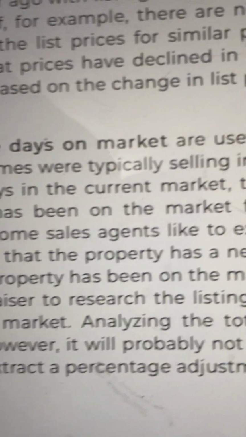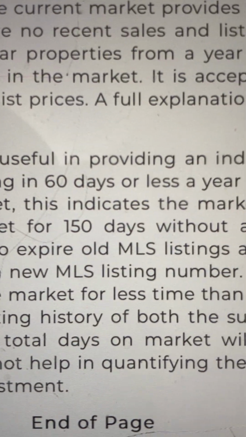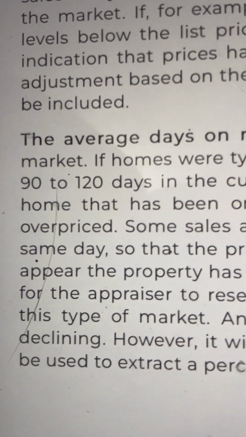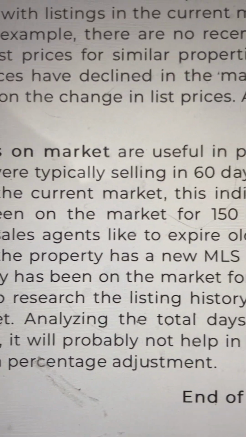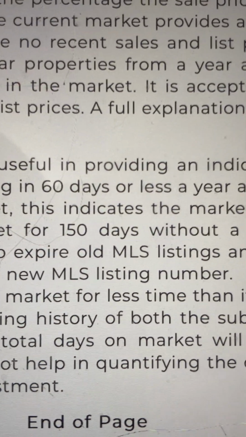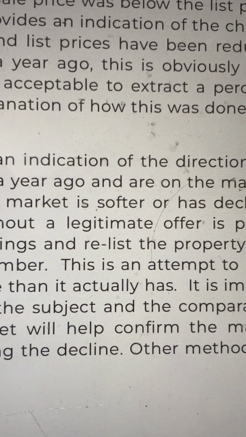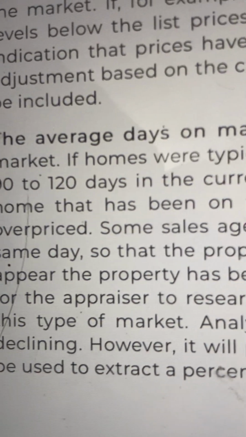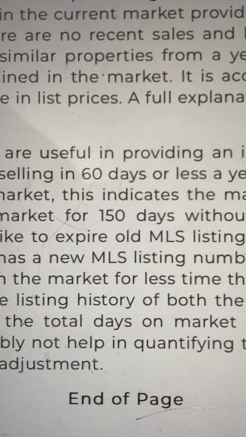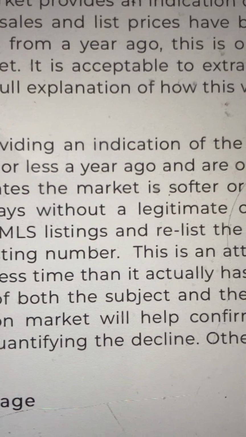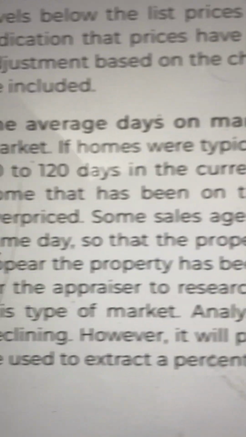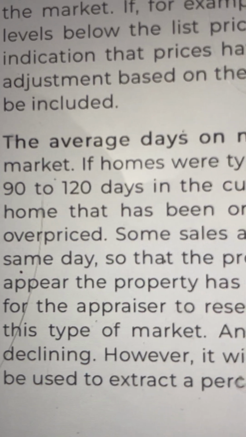If homes were typically selling in 60 days or less a year ago and are on the market for 90 to 120 days in the current market, this indicates the market is softer or has declined. A home that has been on the market for 150 days without a legitimate offer is probably overpriced.